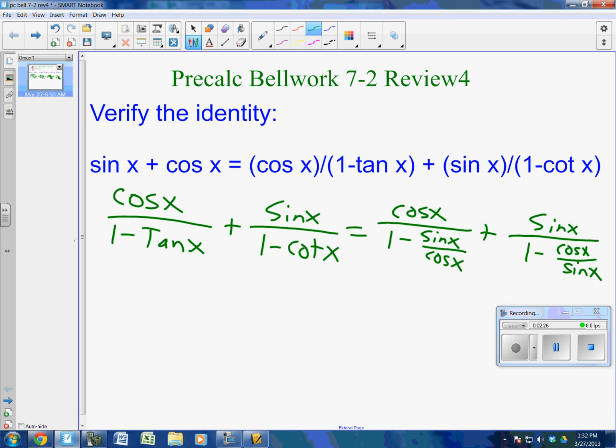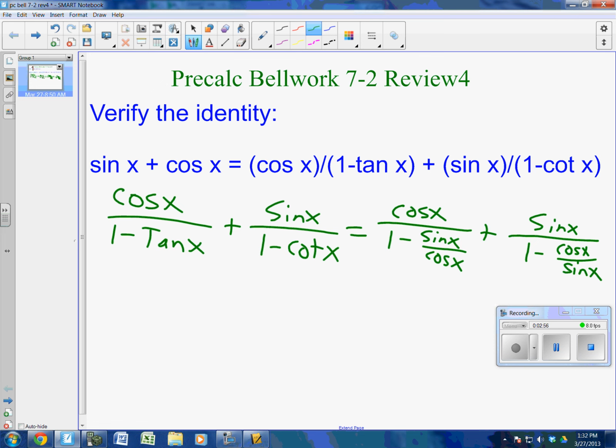Okay, what can we do next? What does that help us do? Someone said it. What is that suggesting we might be able to do right here? How about add 1 and sine over cosine, or subtract sine over cosine from 1?